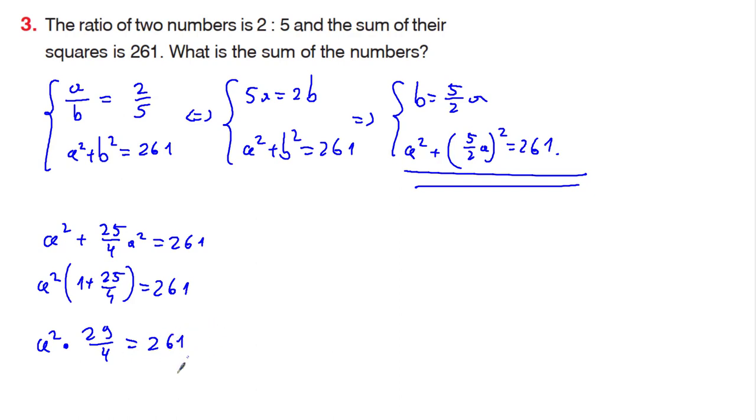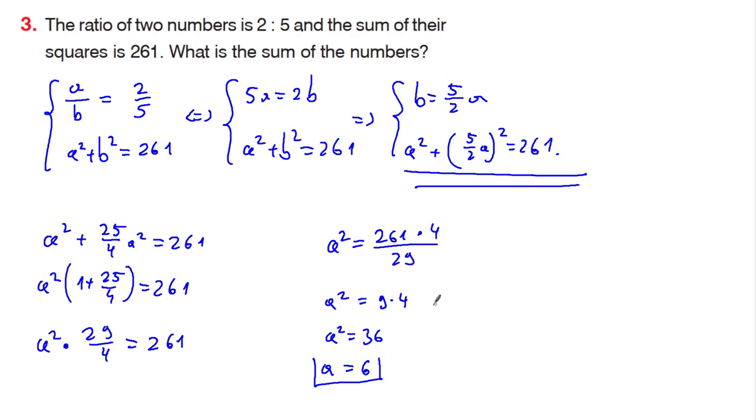Now, if you multiply by 4 and divide by 29, you get a squared is 261 times 4 over 29. 261 divided by 29 is 9, times 4. So a squared is 36. A would be plus or minus 6, but let's just take the positive case.